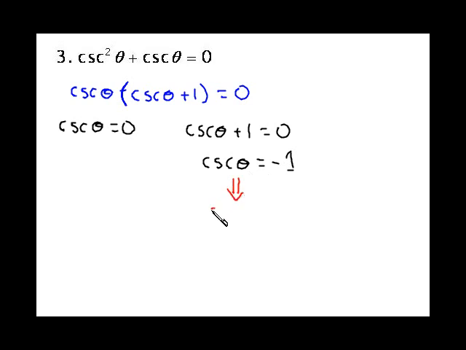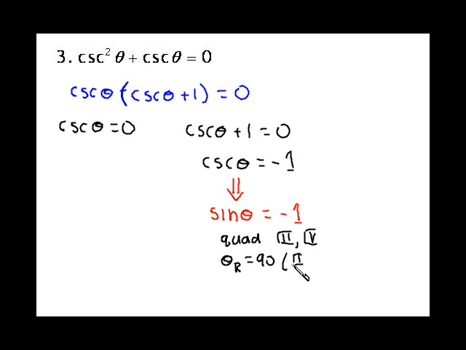The reciprocal of cosecant is sine. So this is sine theta is equal to -1. Now we have a choice with this one. We could either treat it the traditional method, which is to identify the 2 quadrants we're in, and this would have to be sine is negative in quadrant 3 and 4. And if you used your calculator, you would actually get a reference angle of 90 if you ignored that negative sign, 90 or pi over 2.